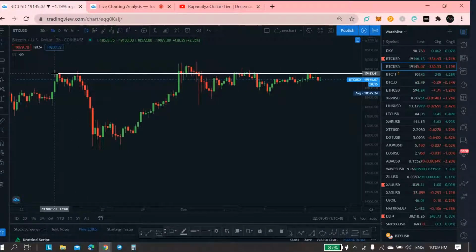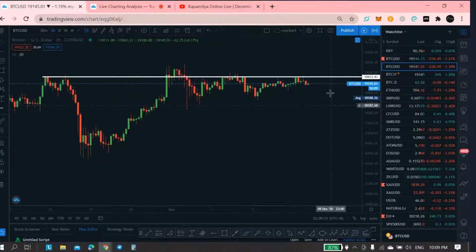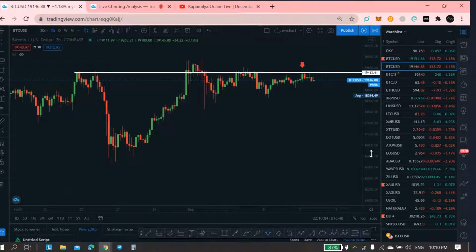Actually, this is a stronger resistance, because if it tries to retest this 19,400, it rejects that area or pulls back. So this is a very strong resistance area. I'm looking at the 19,400 levels. How many times? 1, 2, and then this area, and then this area.